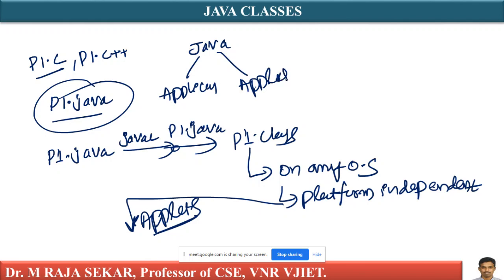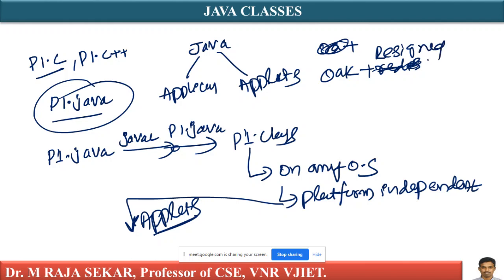We were saying that this Oak language was redesigned and renamed. It is renamed as Java, isn't it? What does redesigning mean?